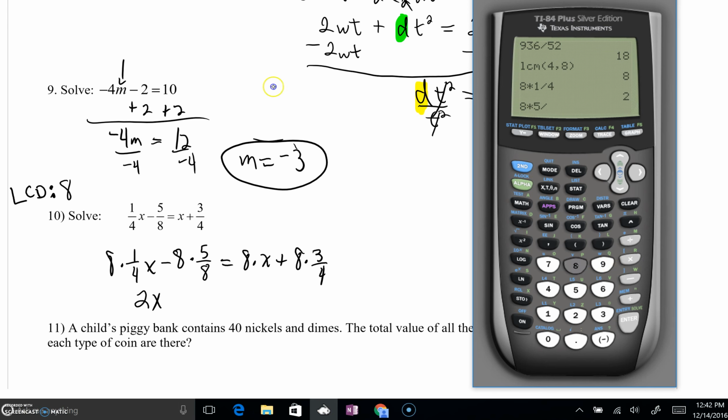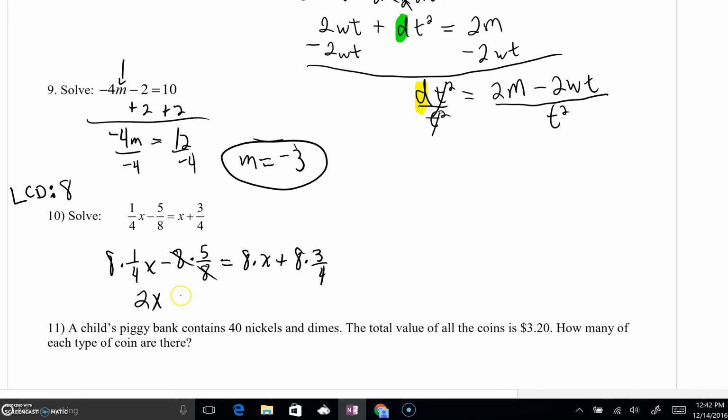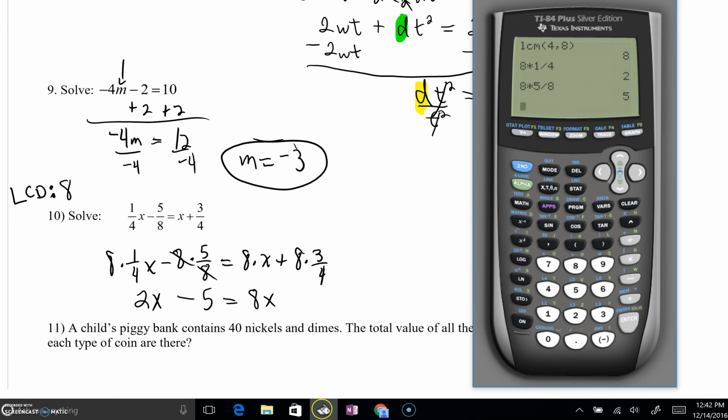Well, hopefully you'll quickly see that you should get a 5. Look, the 8s would just cancel out here, so you have a -5. 8 times x is just 8x. As we take a look at 8 times 3/4, you can very quickly get an answer of 6.